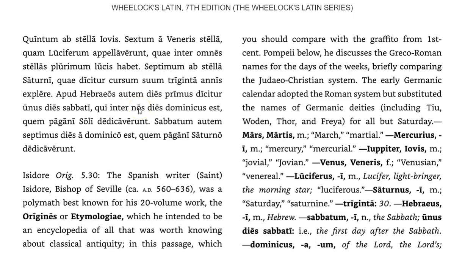which among us is called the Day of the Lord. It's called the Lord's Day, which the pagans had dedicated to the sun.